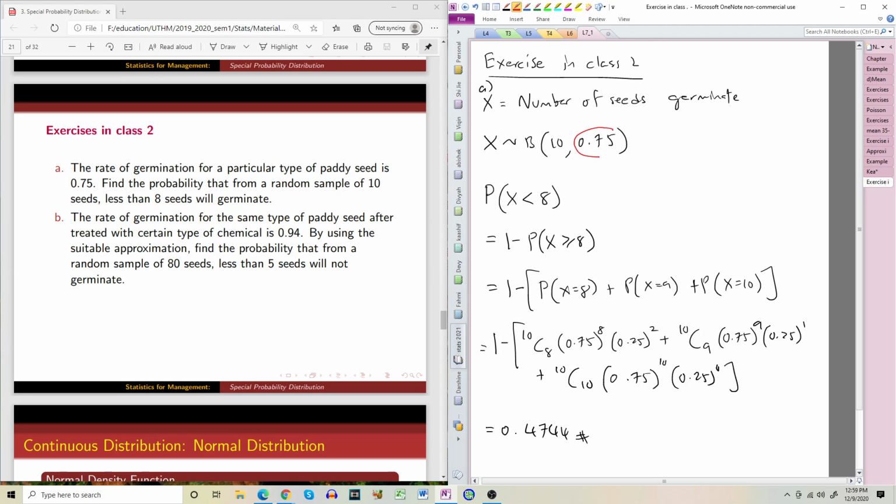This probability 0.575 is for germinate. We will do the last one, then we can finish the class.